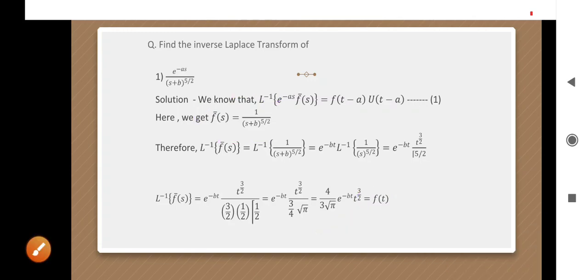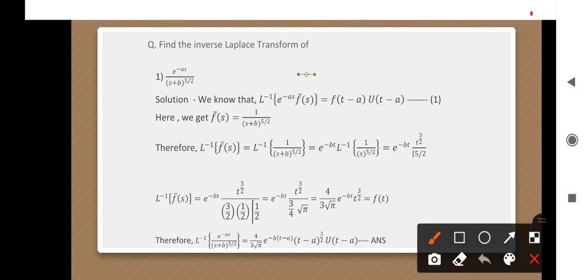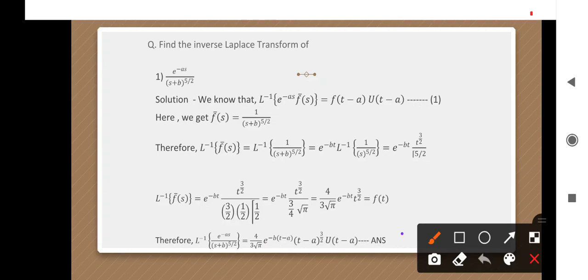Now in this f of t you have to replace t by t minus a. So in this f of t, wherever there is t, it becomes t minus a and the function gets multiplied by u of t minus a. So this is your final answer for inverse LT of this given function.